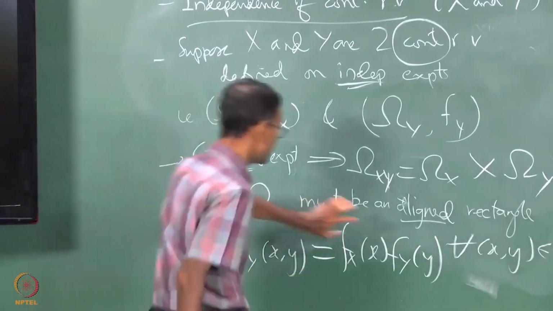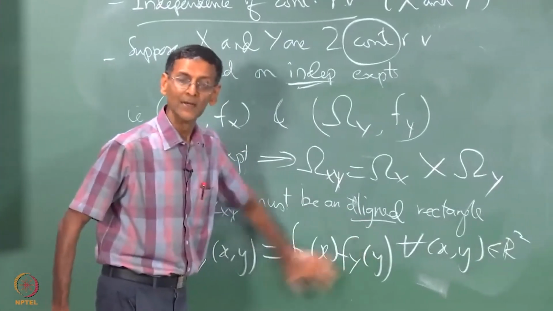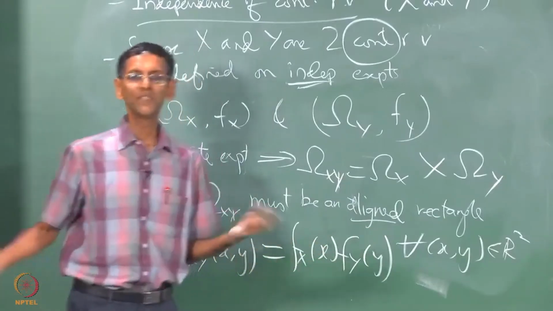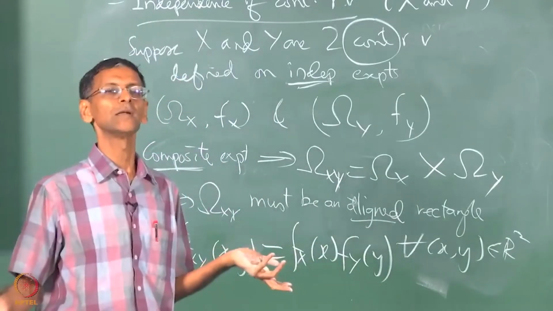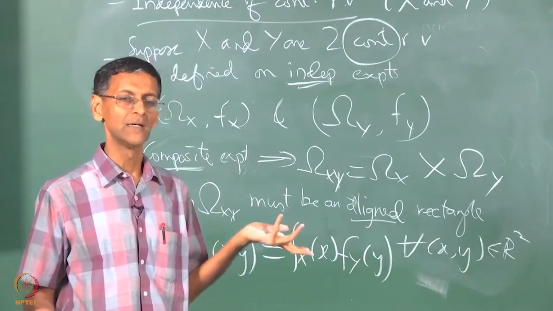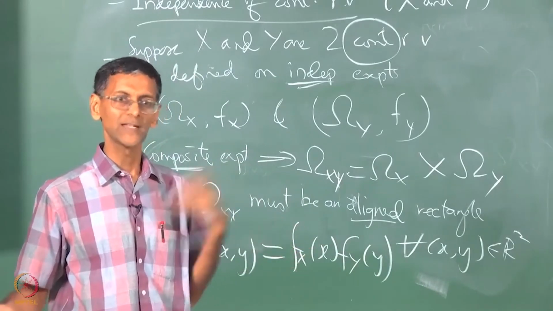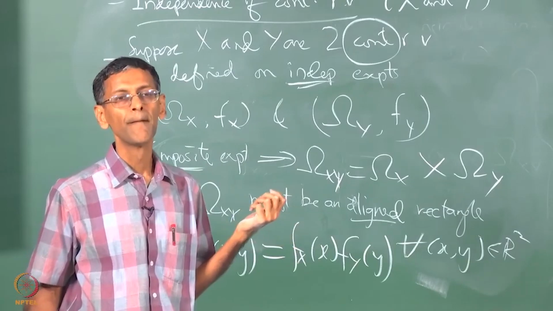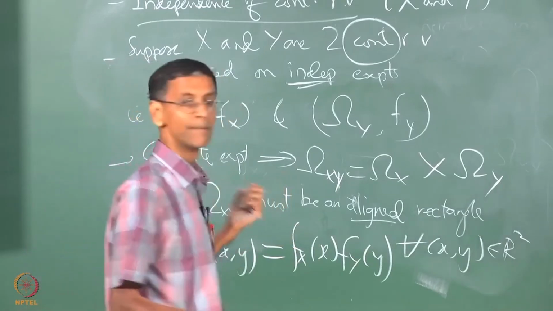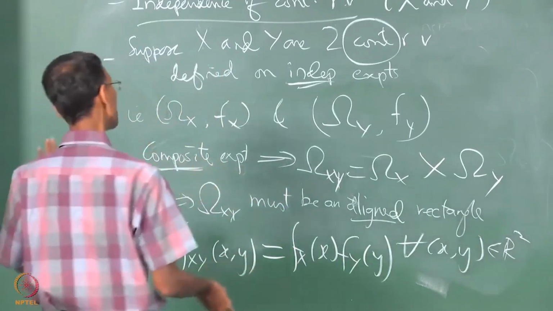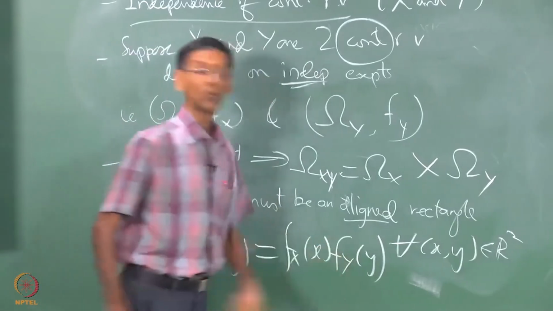This is 0 outside omega x, this is 0 outside omega y, and this product will be 0 whenever either x is outside omega x or y is outside omega y. So any point outside omega xy, this will give you 0.